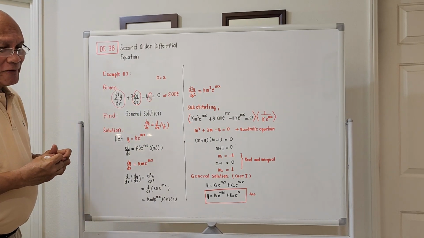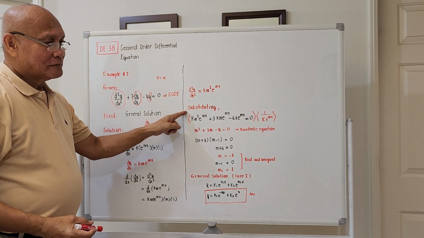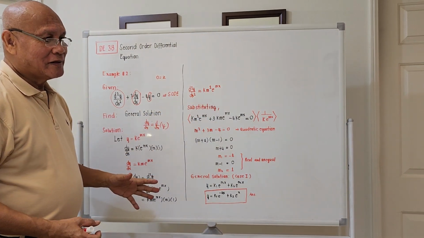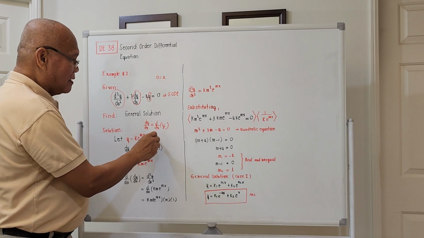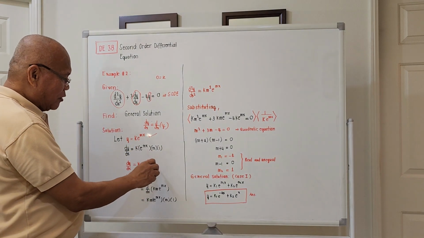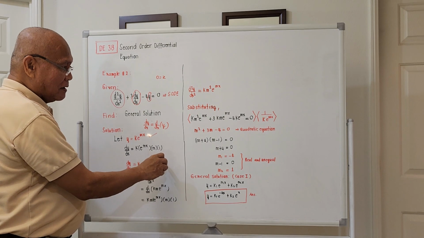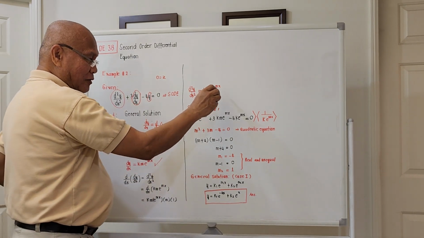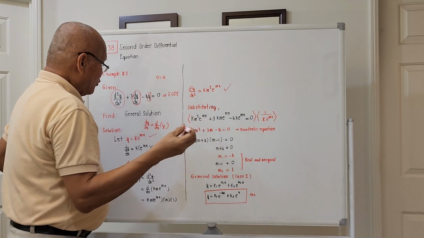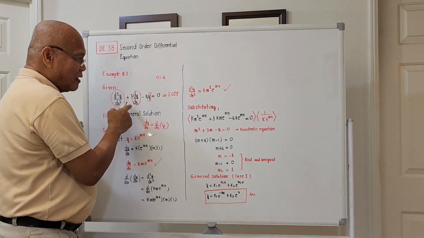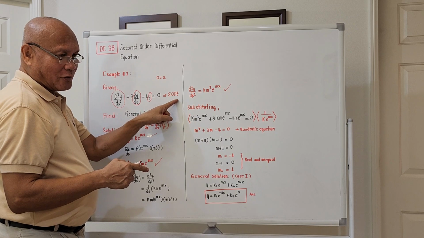So actually we now know the equivalent of this one. Okay? So I place it here, substituting, meaning we will take the value of y, then we will take the value of dy dx, and we will take the computed value of d square y over dx square. We bring it to the original second order differential equation.